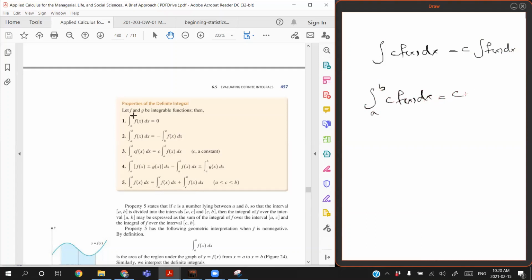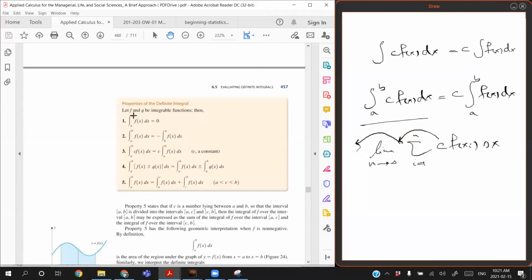And the reason is this is the limit as n approaches infinity of the sum from i equals 1 to n of c f of xi delta x. And this c is a constant with respect to i, and also with respect to n, so it goes out of the sum and then completely out of the limit. That's why you can just move it out of the integral sign.